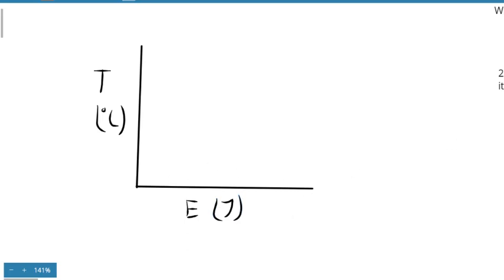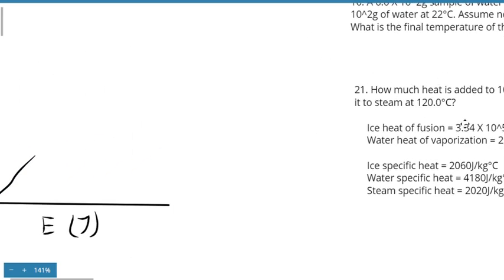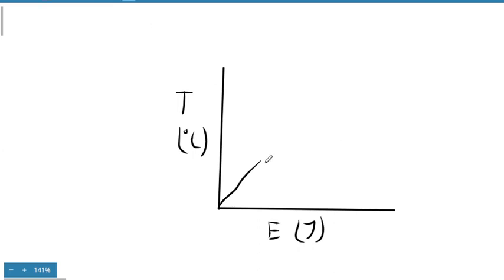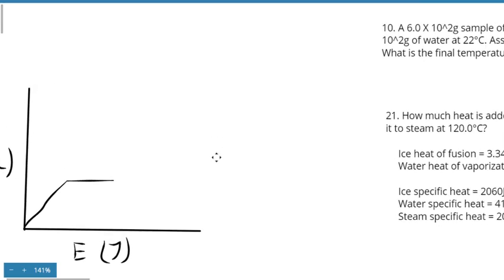So first we have ice, and it is going up like this with a constant relationship, but then it begins to melt, and when it is melting, there's a plateau which looks like this. So the temperature does not increase, but the energy is still increasing.